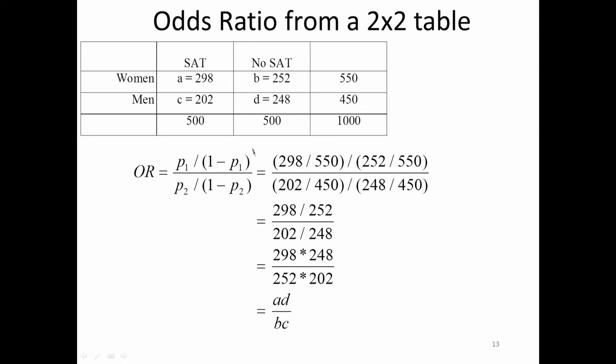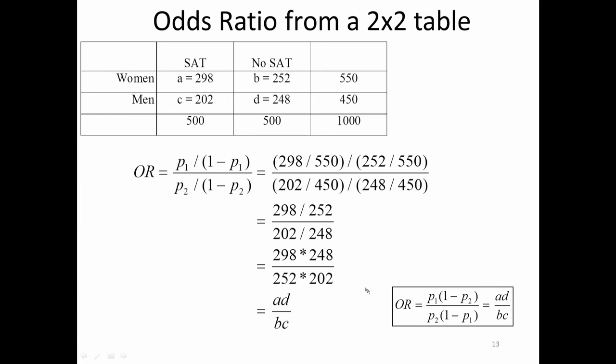So 298 is nothing but A, 248 is D, 252 is B, 202 is C. So the odds ratio when you have a table is AD divided by BC. So it comes out to be the same: P1 divided by 1 minus P1, divided by P2 divided by 1 minus P2, is the same as AD divided by BC. Very simple. So, the odds ratio from a 2 by 2 table.